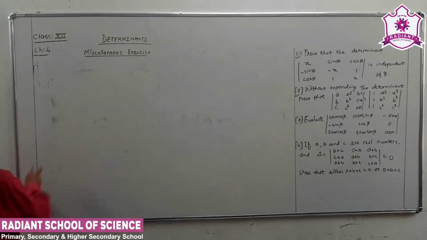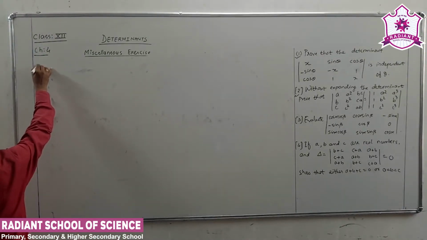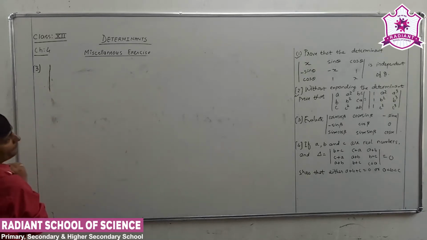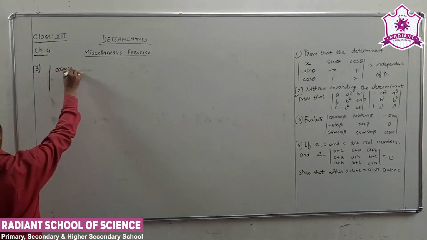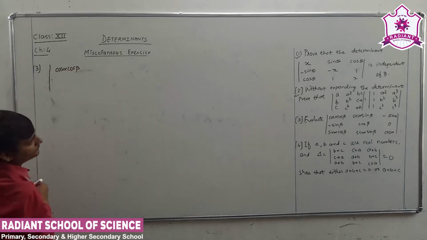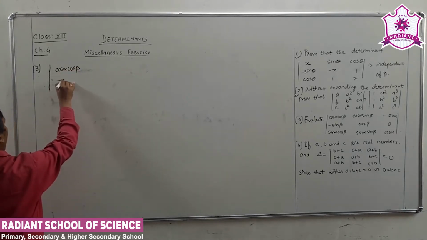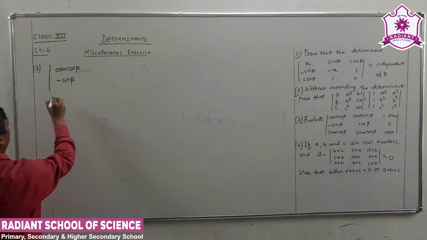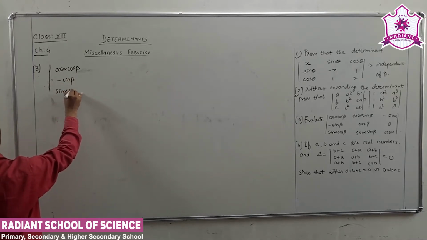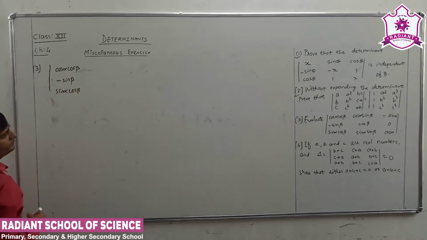Result 3. Evaluate this. So question 3. Now cos alpha into cos beta, minus sin beta and sin alpha into cos beta.